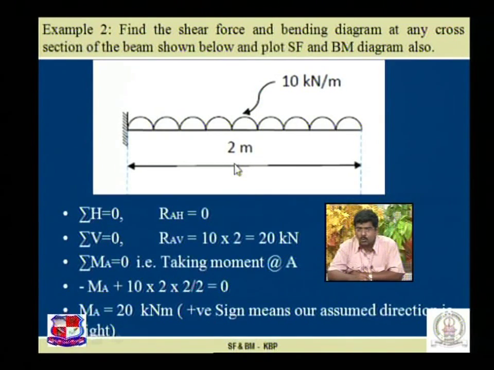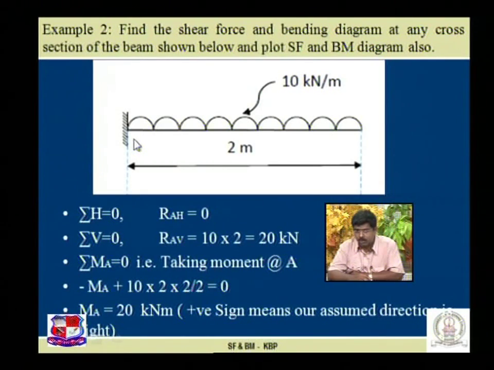So 10 into 2, the total load, into 2 by 2, the distance from the CG of load to the point A. That is, minus MA plus 10 into 2 into 2 by 2, and we get MA is equal to 20 kilonewton meter. The positive sign indicates that our assumed direction of MA, anti-clockwise at A, is right.